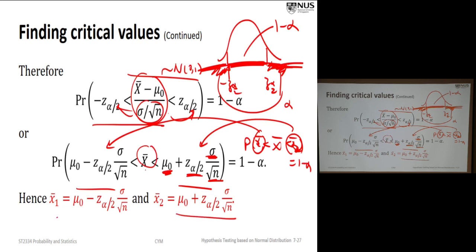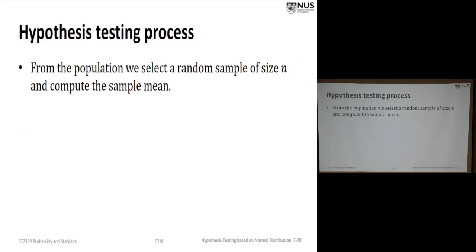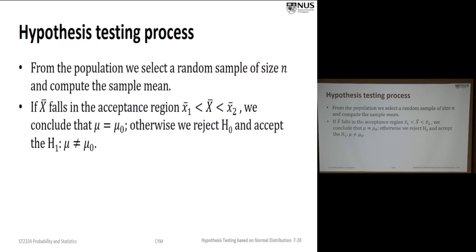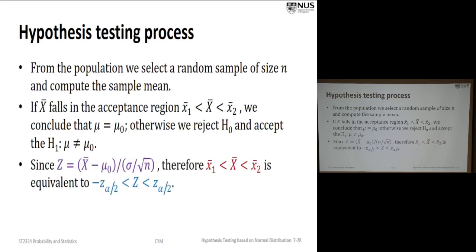Or when X bar is less than this number, I reject. Because when X bar falls within these two numbers, I do not reject. So here's my decision rule: I will not reject when X bar is between X1 bar and X2 bar. But I can standardize it so that I know this is a standard normal, and between these two numbers the probability is 1 minus alpha.